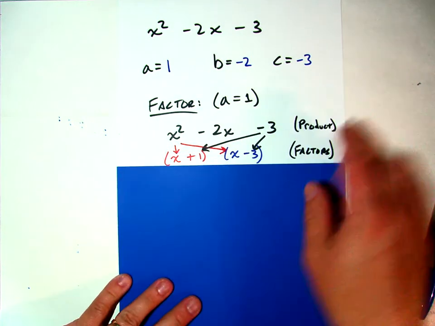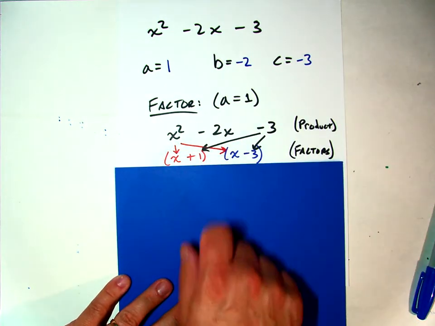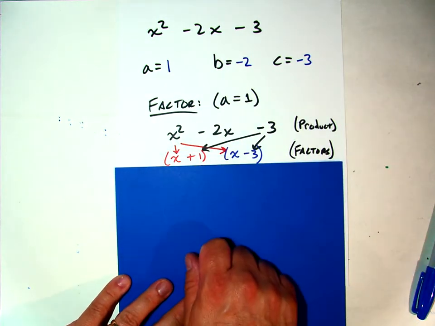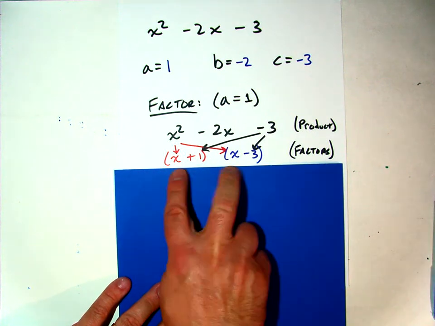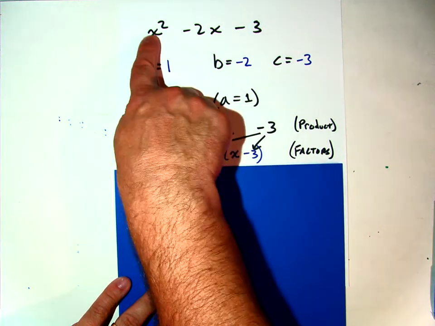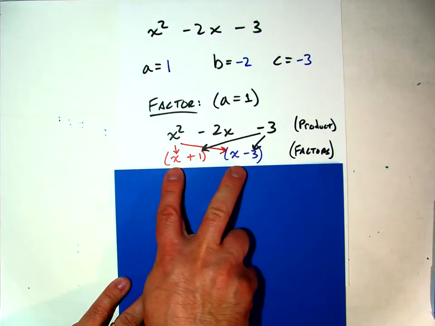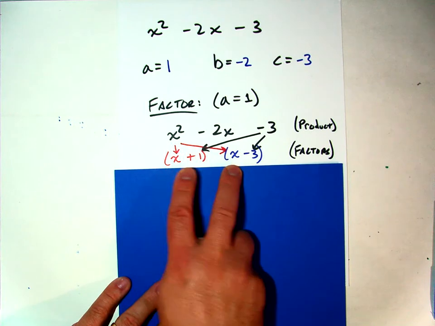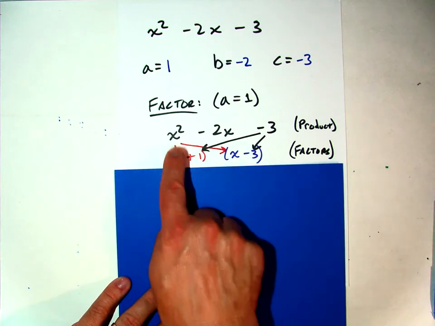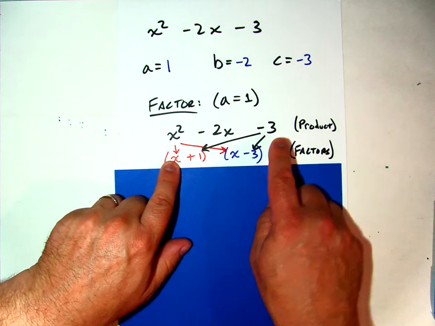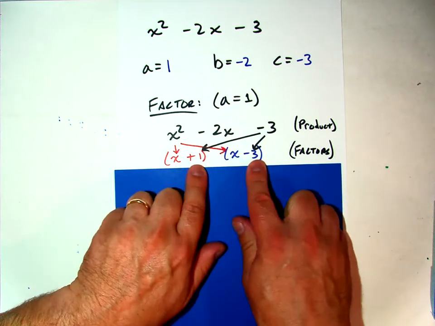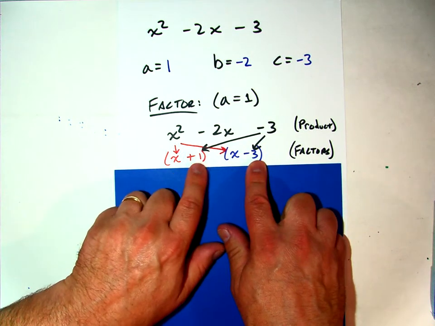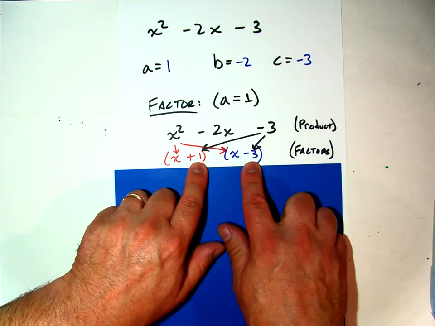Now, this is what we FOILed to get the actual product after we've multiplied 4 times. So when a equals 1, it's just x squared in the front. We know we're going to have x times x in the front of each binomial. And that came from the first times the first part of FOILing. The c term came from the last term in this binomial times the last term in this binomial, 1 times -3.